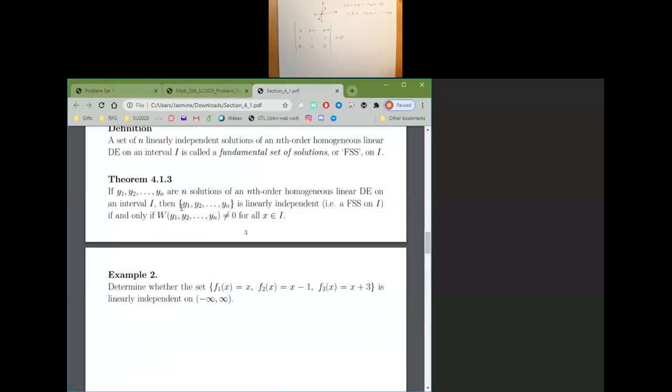Required to be linearly dependent? So the problem with that is exactly the pure mathematician in me saying that you have to check your assumptions. You have to check what assumptions you're using here, because for this theorem to apply, you have to be talking about a fundamental set of solutions to an nth order homogeneous linear differential equation.